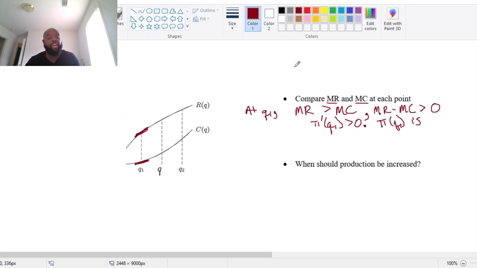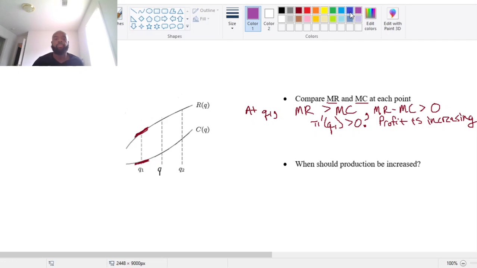So I'm just going to use the words here, no need for notation here. So that means profit is increasing. All right. So when my marginal revenue is greater than my marginal cost, which we've already discussed before, our profit is increasing. And so I wanted to solidify and review that.